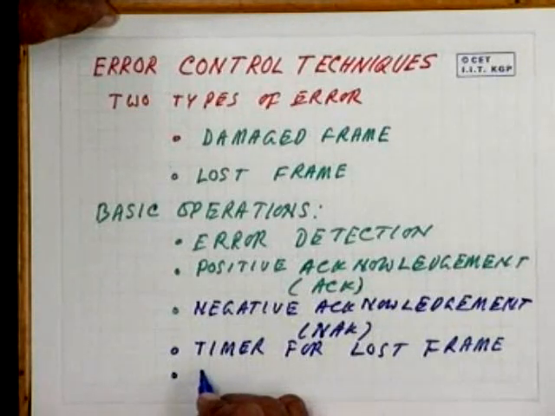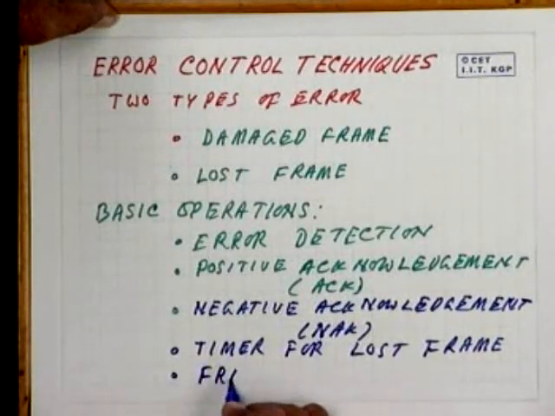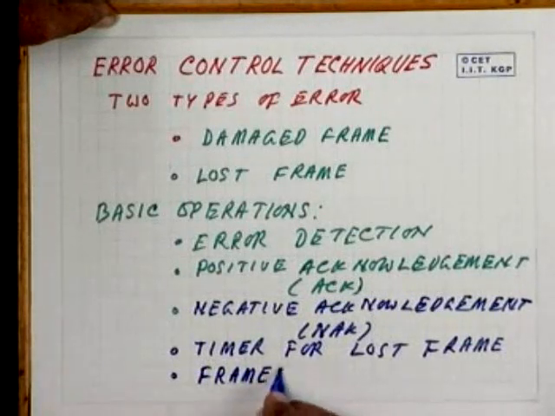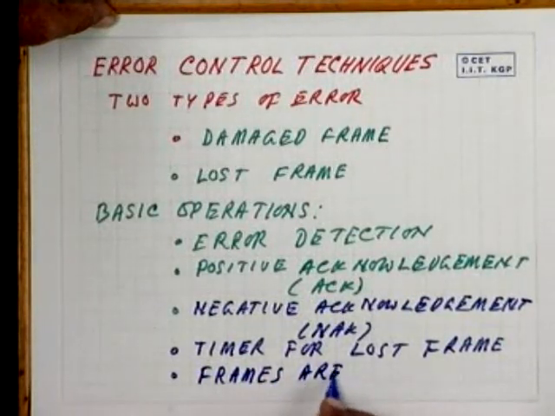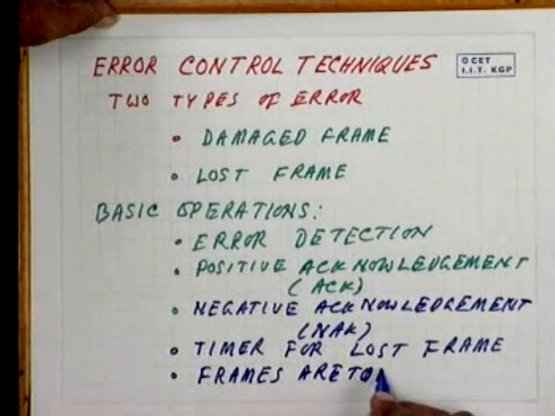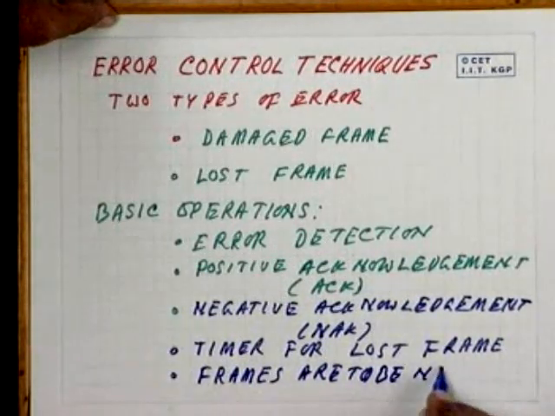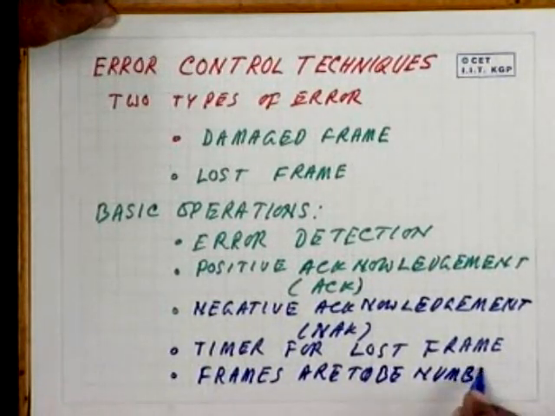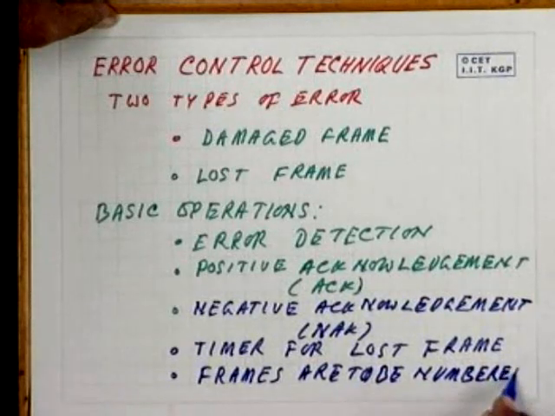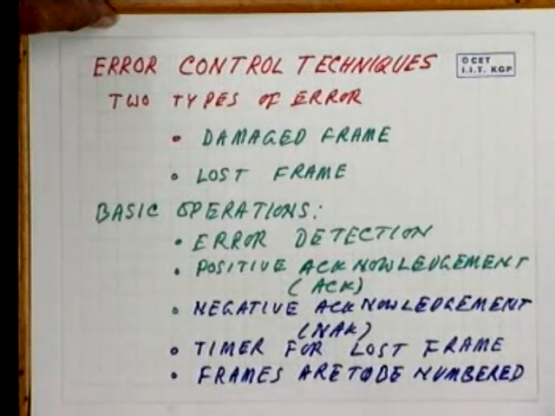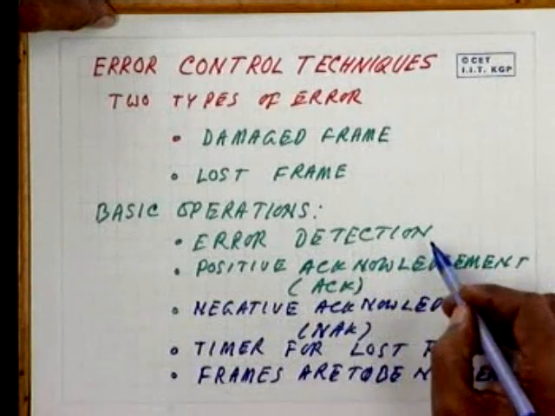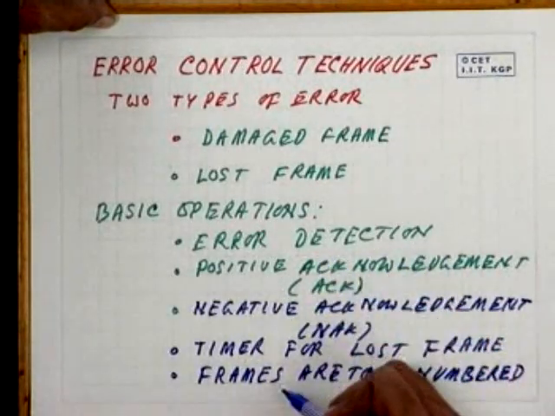That means the frames are to be numbered. And we shall see how the numbering can be done. These are the basic operations which have to be performed.